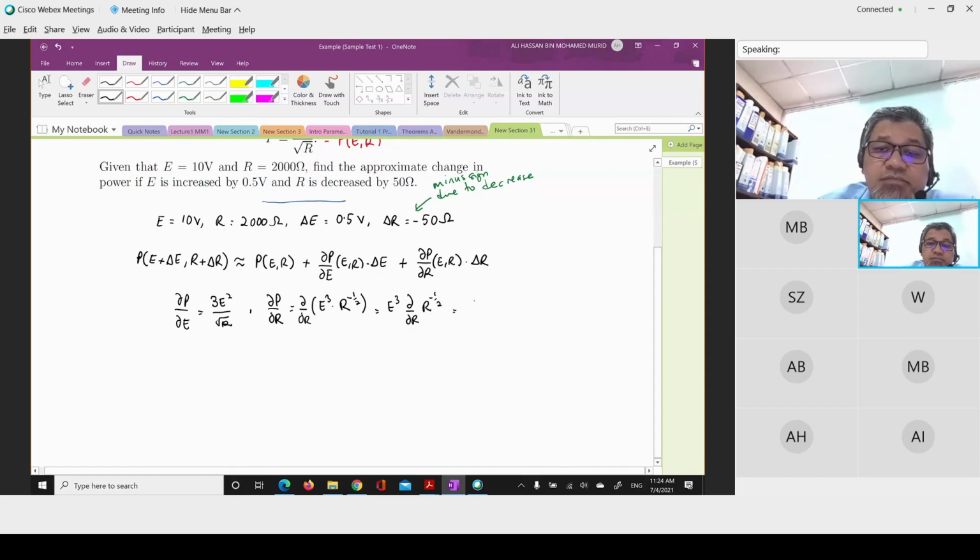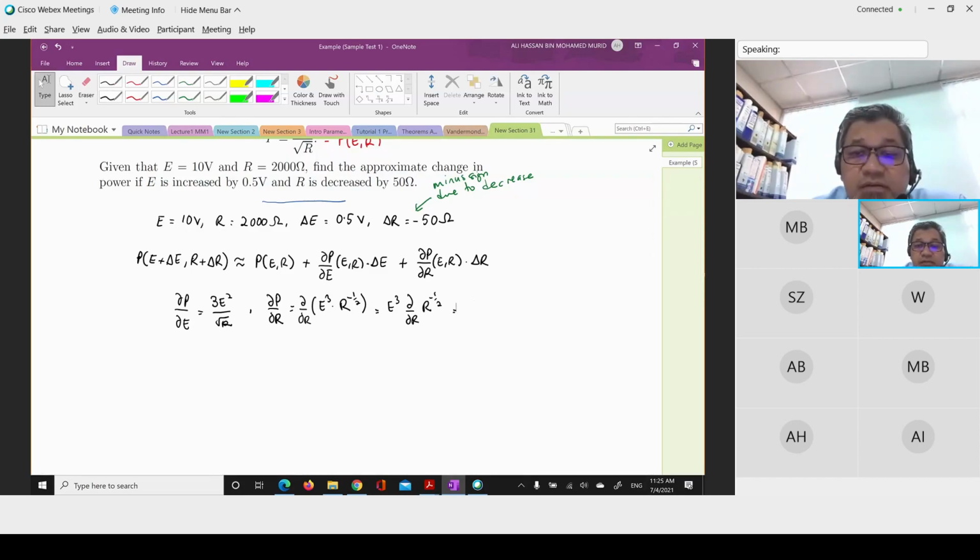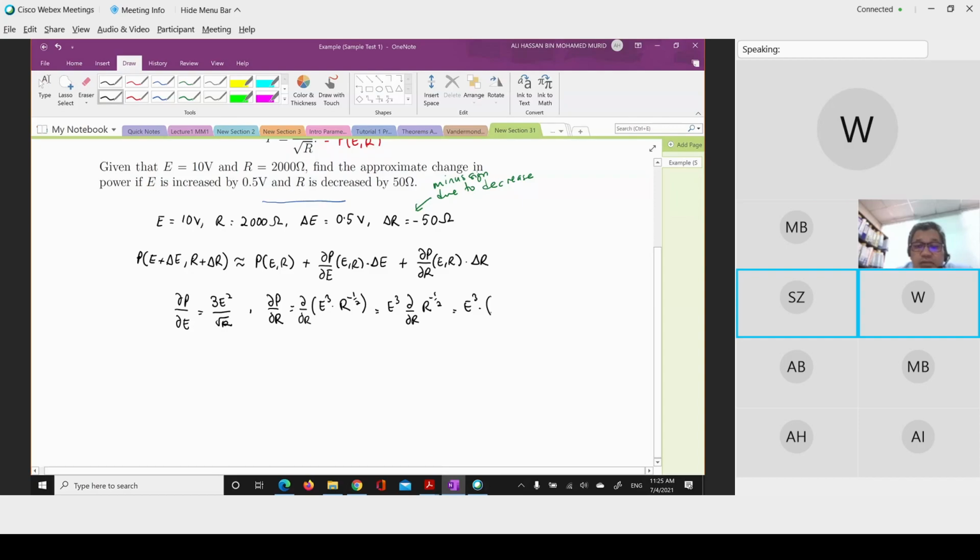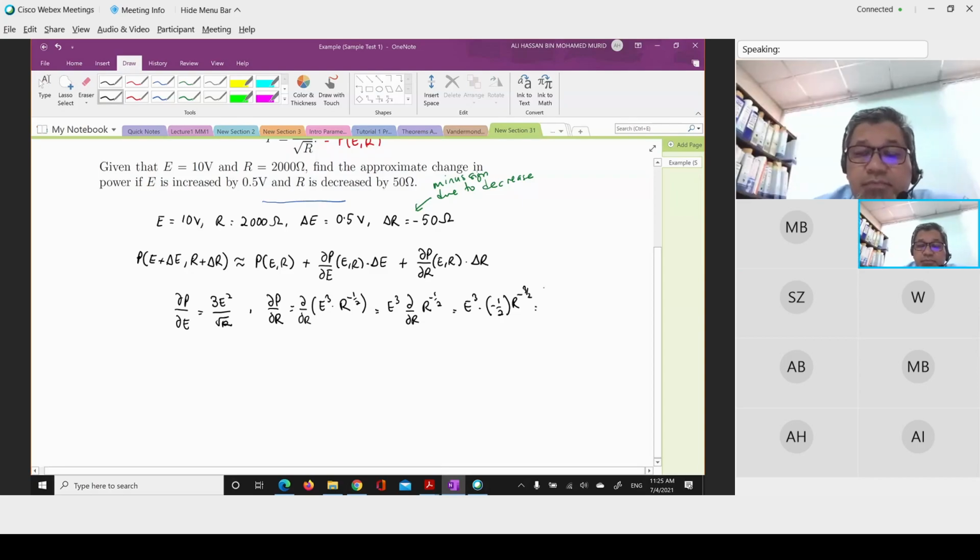The derivative of R to the power of minus a half is minus 1 over 2 R to the power of minus 3 over 2. So this is the same as minus E cubed over 2 R to the power of 3 over 2.